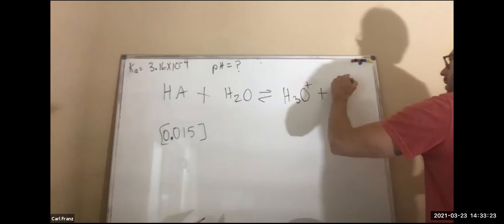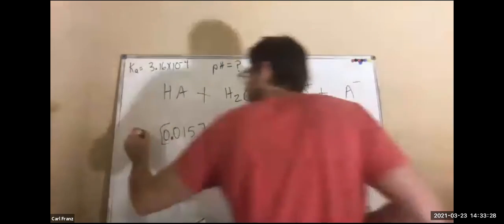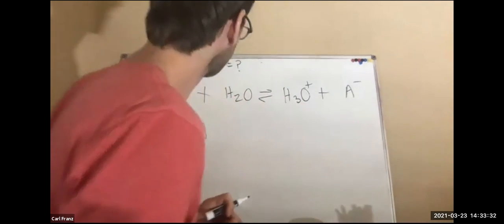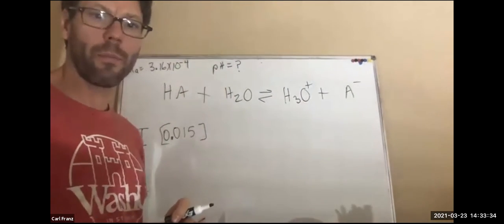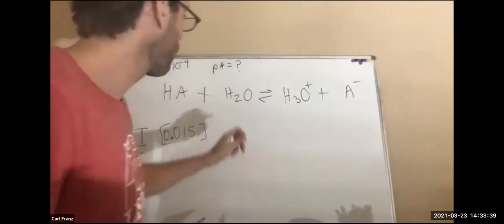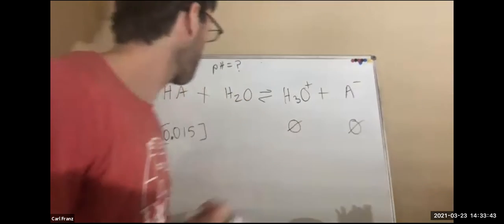Conjugate base is this. Okay. And this is 0, 0.